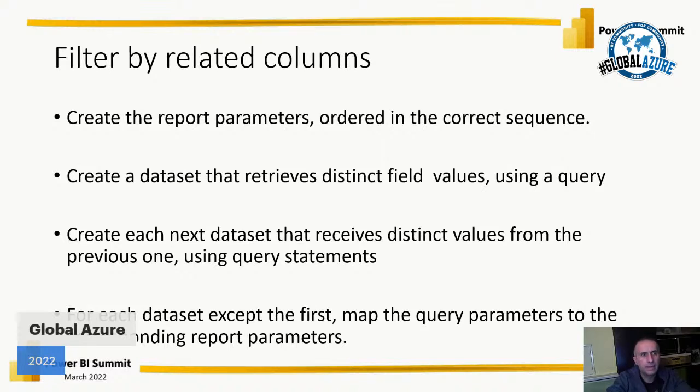The first approach is filtering by related columns. In this case, we need to have report parameters ordered in the correct sequence. After that, we need to create a dataset that retrieves distinct field values using a query for the first parameter, and for each next parameter we need to create an additional dataset that retrieves distinct values from the previous one using query statements.